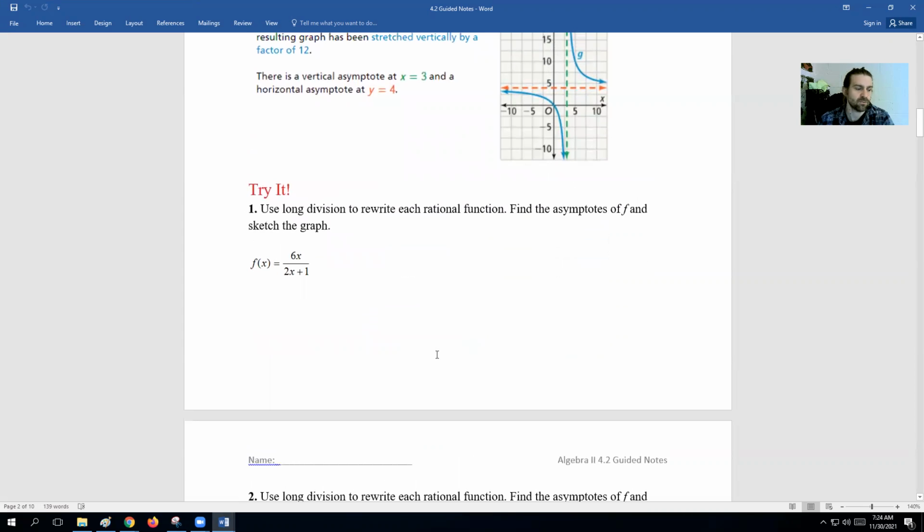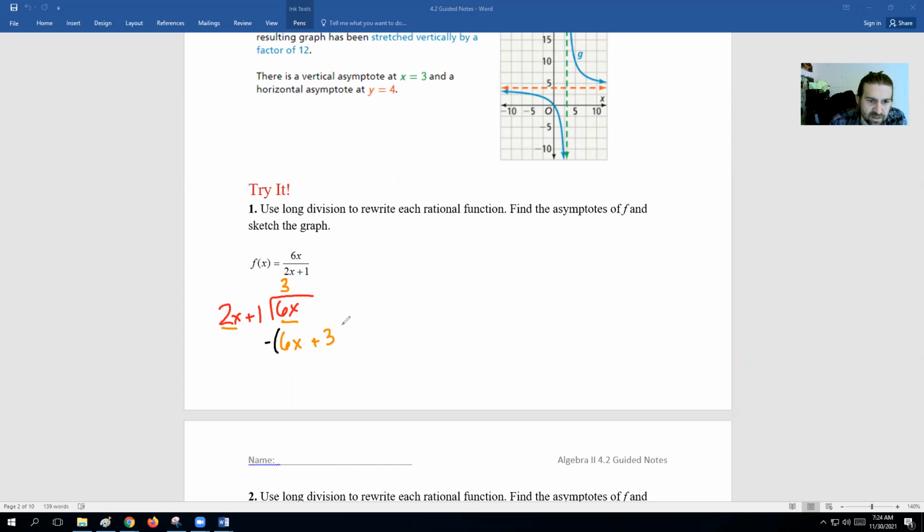So let's try to do this one without using Desmos, and then we'll use Desmos to check our answer. Okay, so if we were going to try to figure out what this graph looks like, the first thing we would do is take 6x and divide it by 2x plus 1. What do we have to multiply 2x by to turn into 6x? We'd have to multiply it by 3. We distribute that, and we get 6x plus 3.